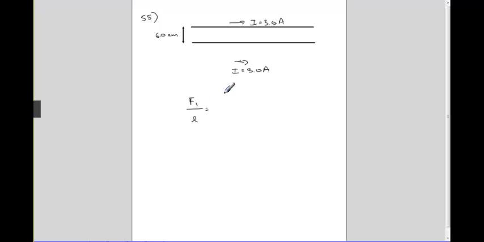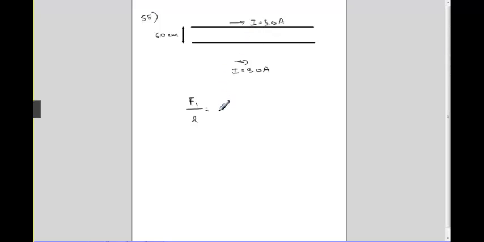What they've done is they've basically said that one of the wires is creating a magnetic field, and then that magnetic field is acting on the second wire, and so that magnetic field acting on the second wire with a certain current, you can relate that to the force. That's how you derive the expression. So both of the current carrying wires create magnetic fields, and each magnetic field acts on the other conductor and causes them to have a force associated with it.